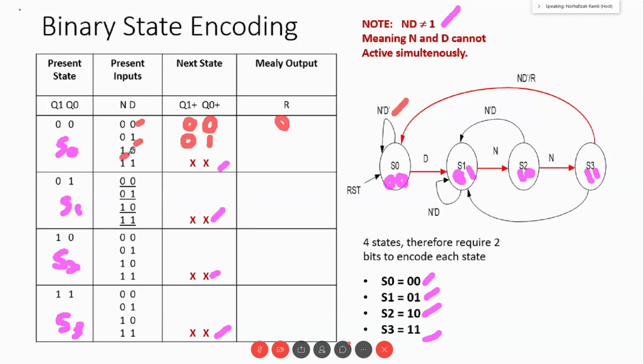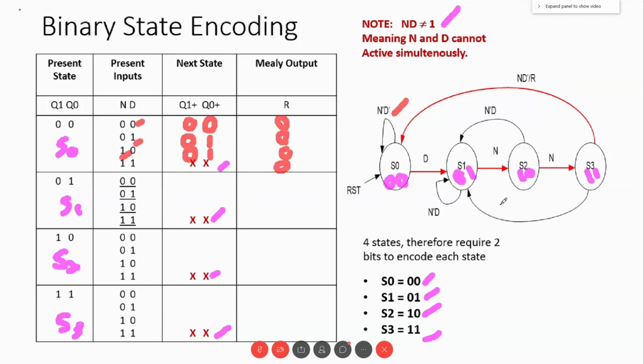If your N is 1, you still go to here because it's not defined anywhere, right? When you are in this state, if N is 1, what happened? It's not defined, meaning it stays. You stay 0, 1. That's how you fill up. And here, all the time, as long as you are here, it is 0. So this is 0, 0.